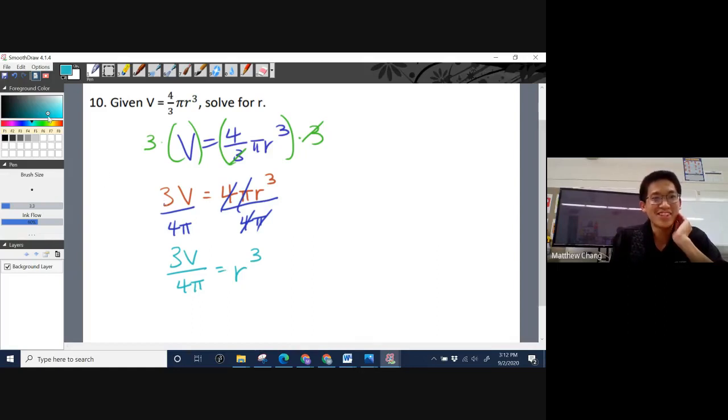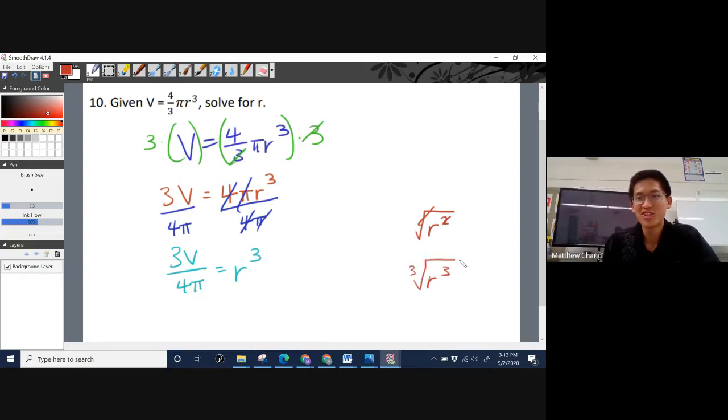All right, now this one is the interesting one. As you saw earlier, if you had something like r squared, we could use a square root to cancel it out. If you want to get rid of a cube, you take a cube root to cancel that out. If it's r raised to the 4th power, you would take a 4th root.